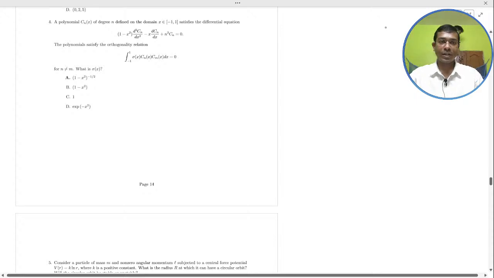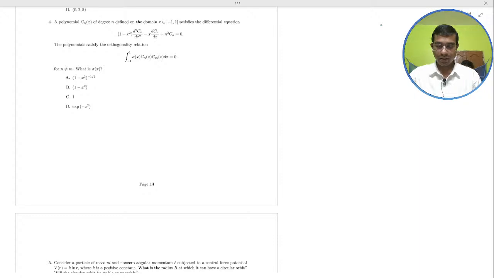The polynomials satisfy the orthogonality relation integral -1 to 1 sigma x Cn x Cm x dx equal to 0 for n not equal to m. What is sigma x? This is basically the Legendre differential equation. Check option by option.